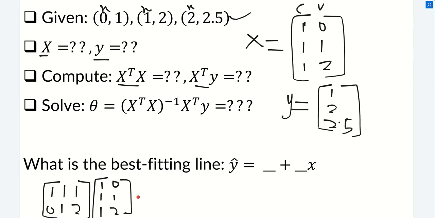Now this, we learned how to multiply this, remember? So you use the 1, 1, then you can use the next one, which is 1, 1, 1 here, right?